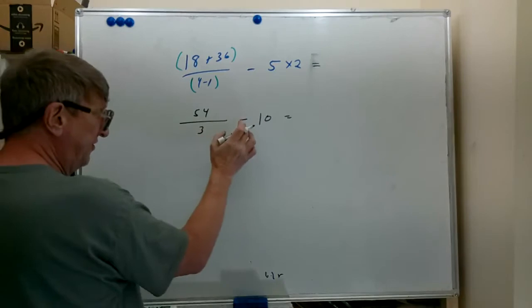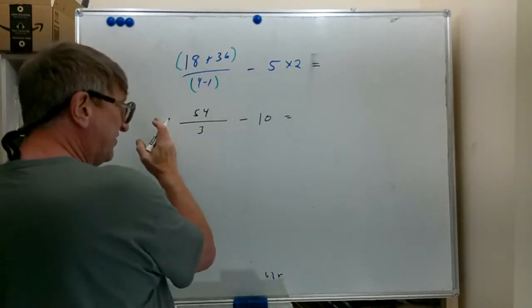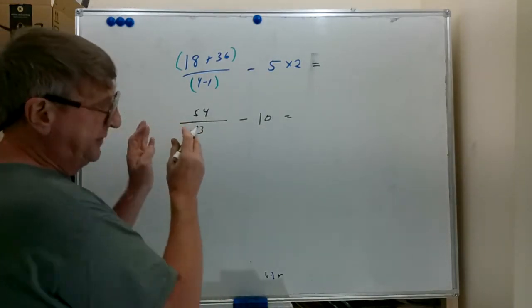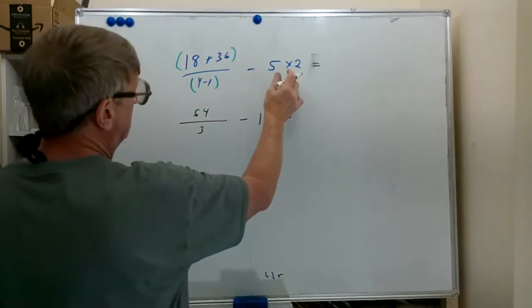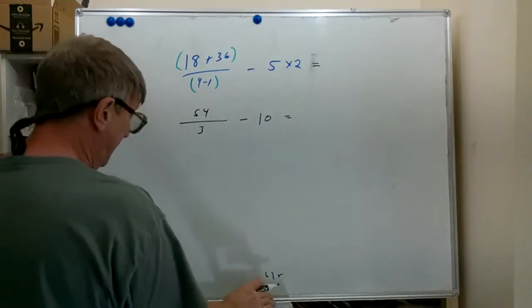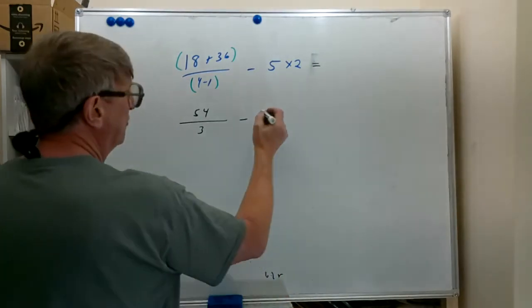This is a multiplication, this is a division, this is a subtraction, so we still have multiplication and division with higher precedence. We did parentheses, and we did the multiplication after we did those parentheses.